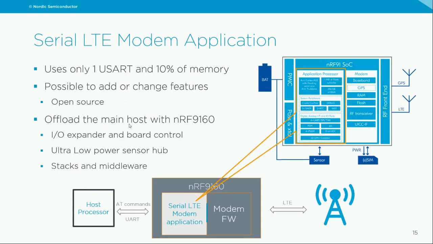You can develop low-power sensor hub or offload other smaller functions completely, or you can start to run part of your stack and your middleware on the 9160 instead of your main host to offload it even further, or to save power by integrating some of the stack and middleware for connectivity closer to the modem side.